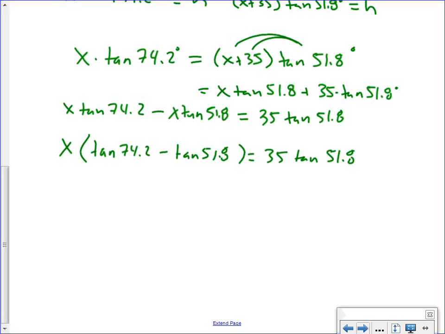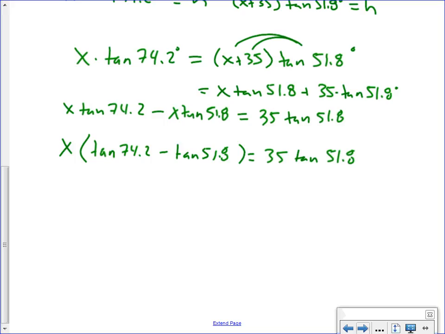Okay, this looks terrible. Let's actually put some numbers in so we don't have to keep writing tan. I just factored out the X because X is being multiplied to both of them.